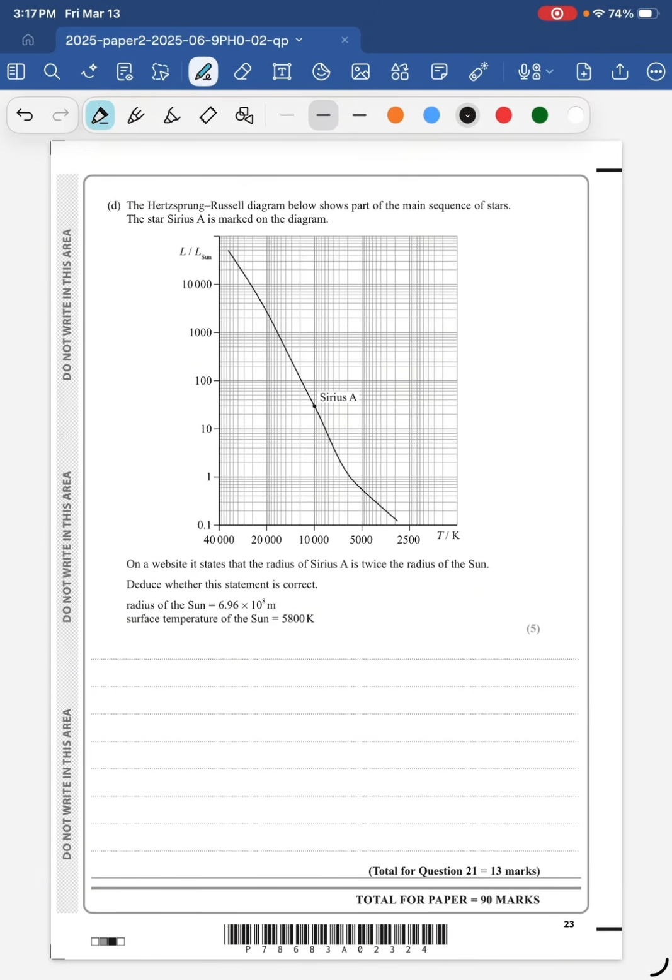So, the luminosity of the Sun is given by Stefan Boltzmann's law, sigma times the area times T to the fourth. So 5.67 times 10 to the negative 8, this is sigma, times 4 pi times 6.96 times 10 to the 8 squared.